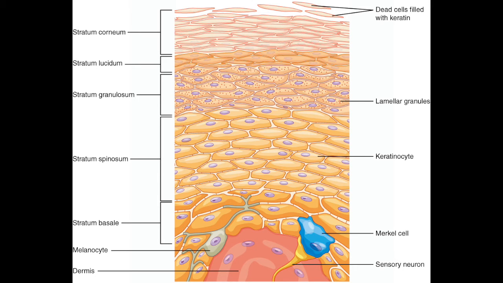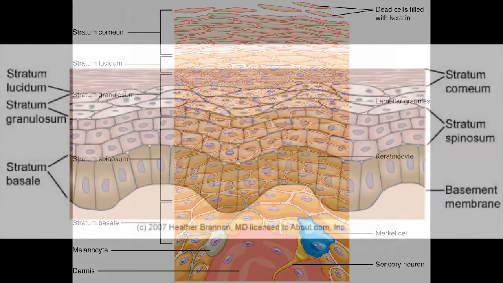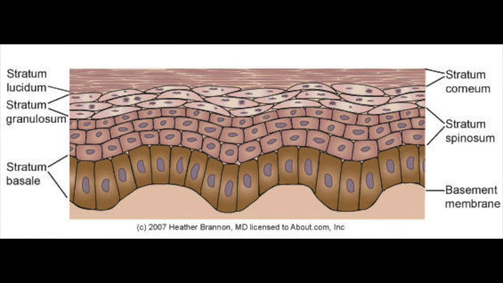They kind of have this funny shape. Once they go through the spinosum, they go onto the stratum granulosum, or the granular layer. This contains 2 to 4 layers, and this is where the cell completely starts to die off. So the nucleus, the heart of the cell, and your organelles, which are basically little organs inside each cell which help the function of the cell, all start to die off in this layer.